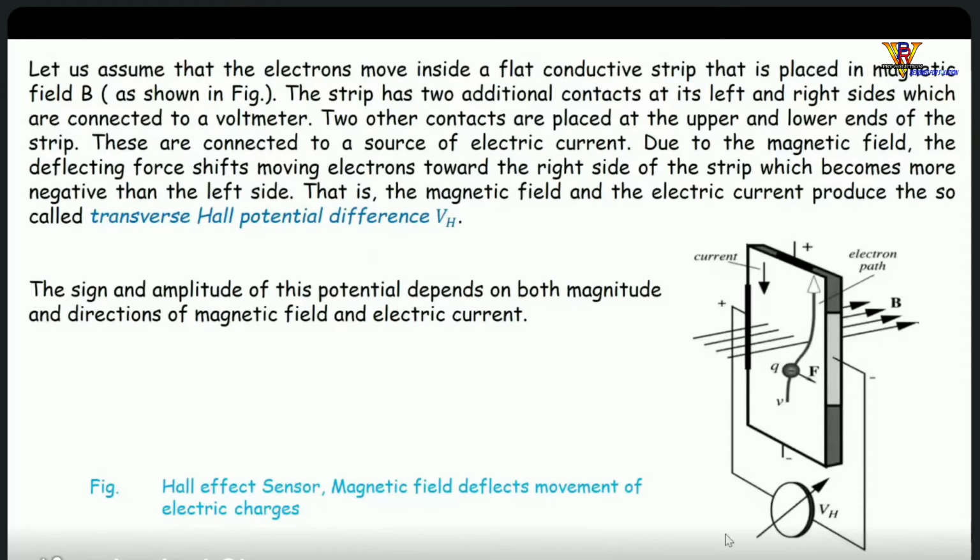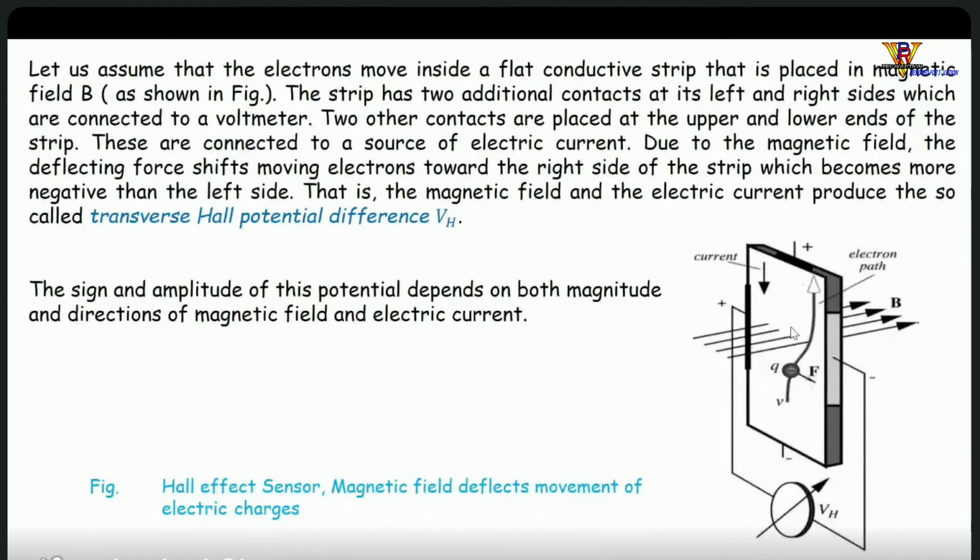The magnetic field lines of force are shown here as straight lines, and the magnetic field is represented as B. The two sides of this sheet are connected to an external source: this is the positive terminal of the battery, and this is the negative terminal.